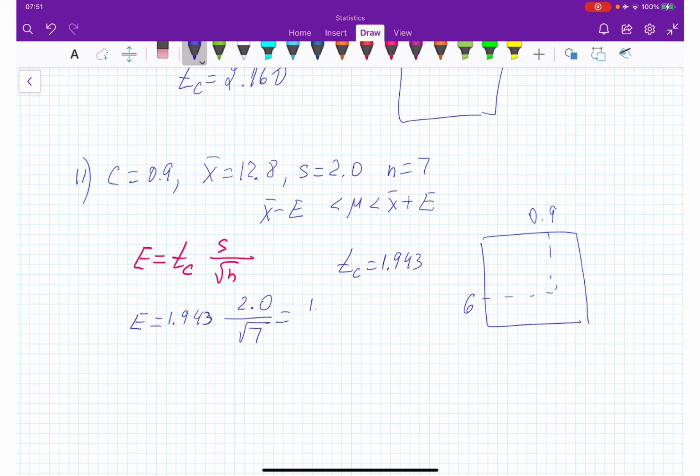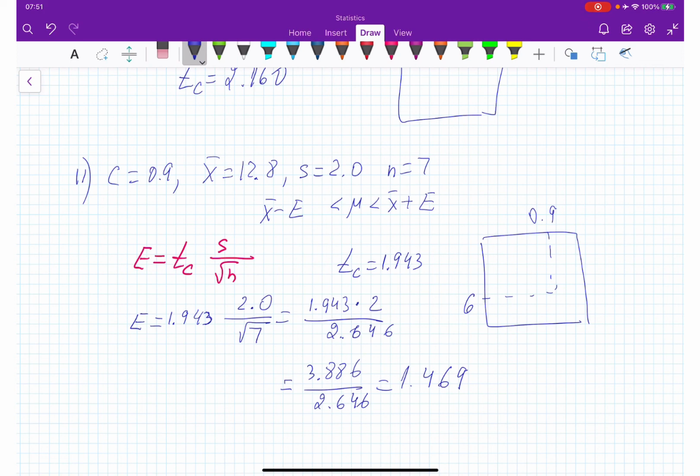So 1.943 times 2 divided by 2.646. 1.943 times 2 is 3.886, and dividing by 2.646, that's going to be 1.469.